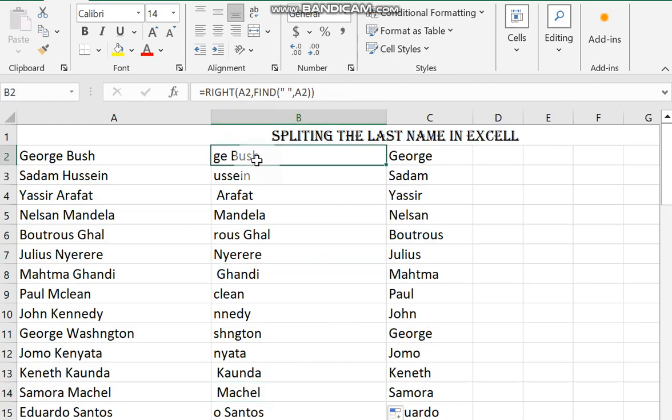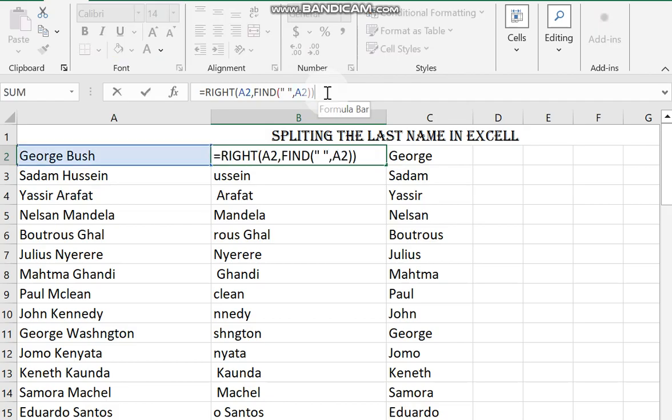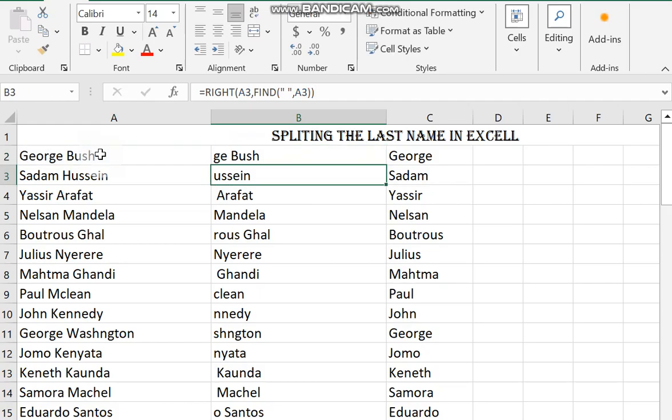The problem is that when we tell the formula to find space, the process of finding space starts from left to right. If it would start from right to left, of course, each name would have been correct. So this won't work here.